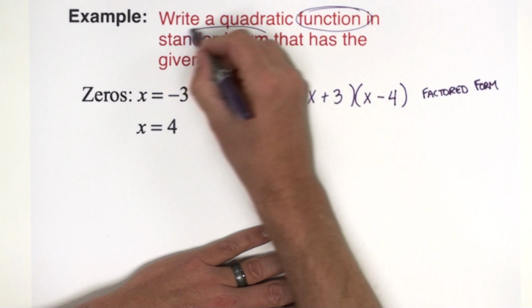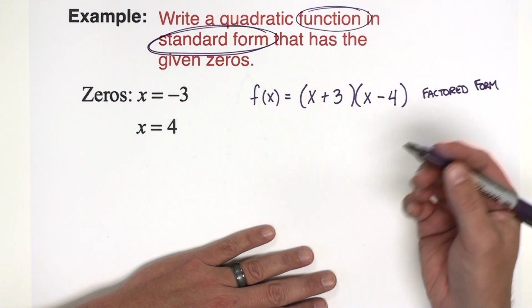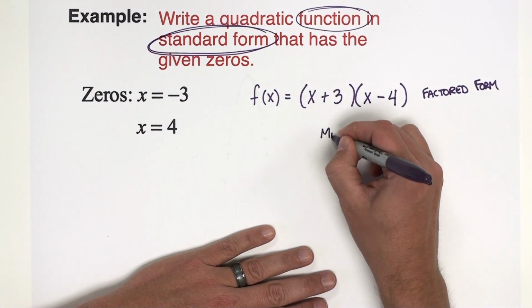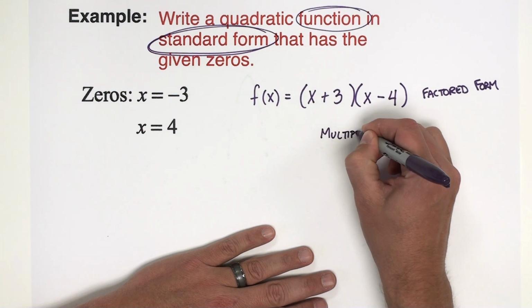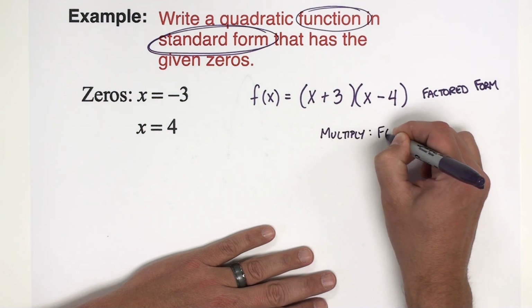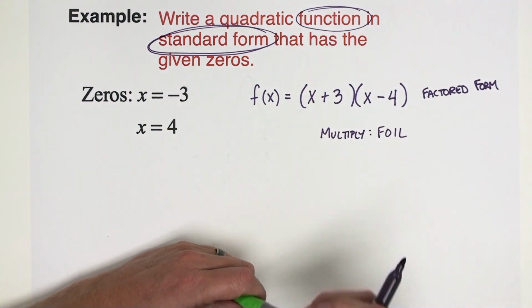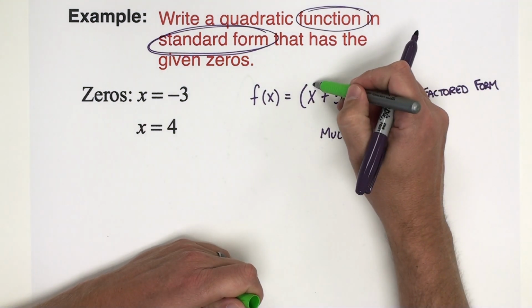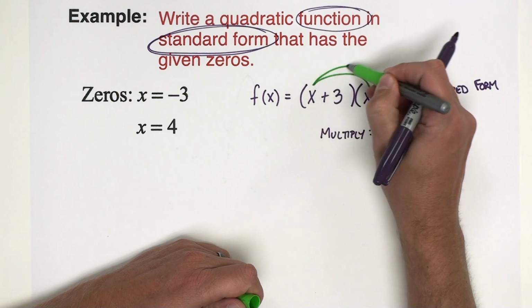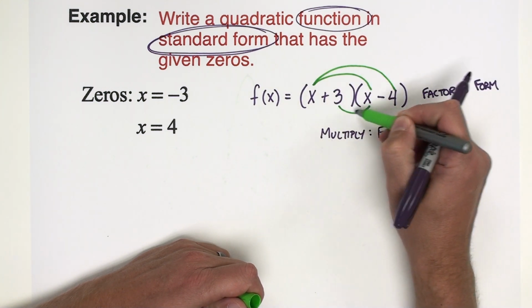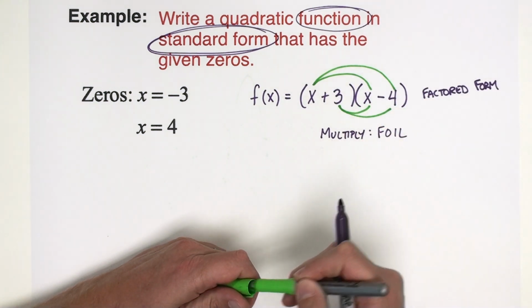I want this in standard form. So what I'm going to do next is I'm going to multiply, or FOIL, if you like the acronym FOIL. We're going to multiply these binomials together. So I'm going to do the x times x, x times negative 4, 3 times x, 3 times negative 4.